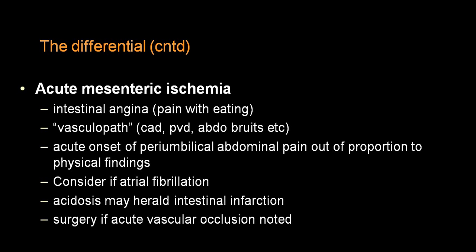Good number of times there is an embolism secondary to cardioembolism. A common cause of cardioembolism is atrial fibrillation. There may be intestinal infarcts. Acidosis may also aggravate intestinal infarct. Surgery may be required if there is an acute vascular occlusion.